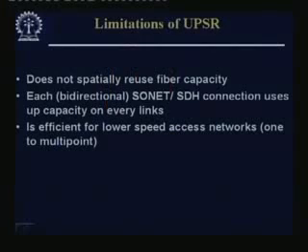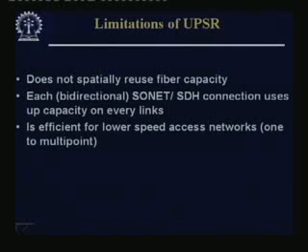And naturally, all those links, even if you are talking about particular lambdas in a WDM system, at least one lambda around the whole ring for all the links in the ring gets occupied because two side by side nodes want to communicate. If it is not a WDM system, then the ring is entirely covered by this. So, it does not spatially reuse fiber capacity, and if you could use it for some other purpose, that is not possible in unidirectional rings.